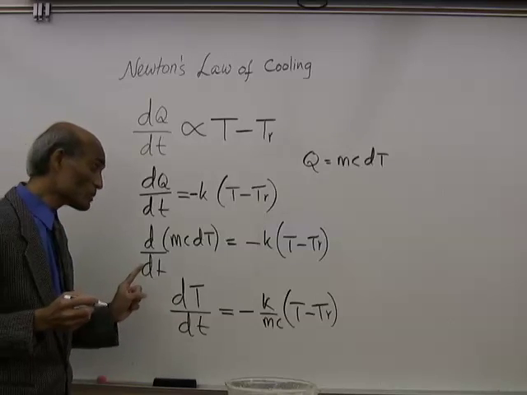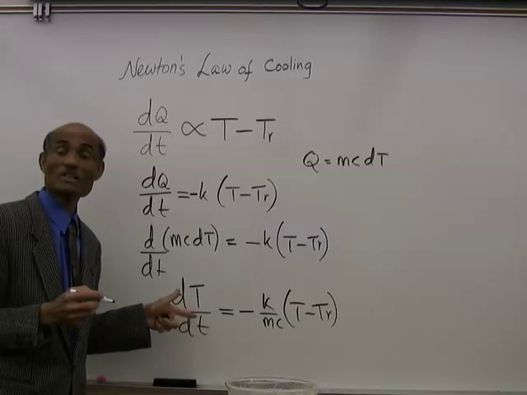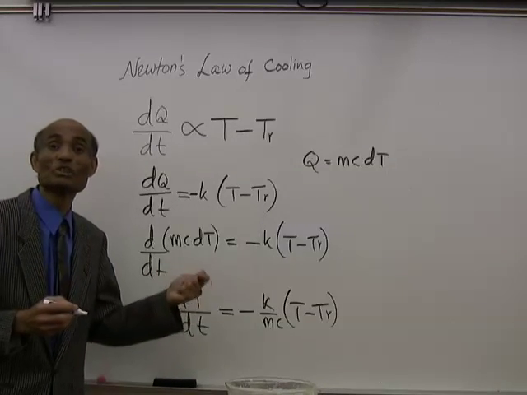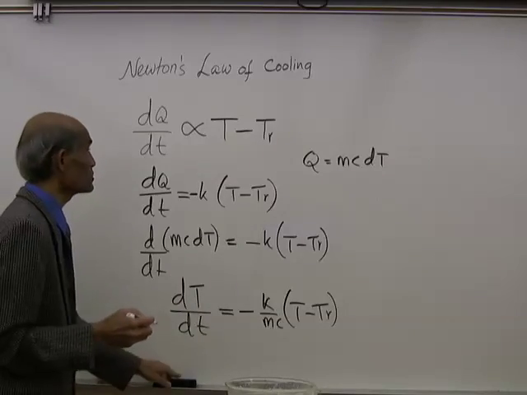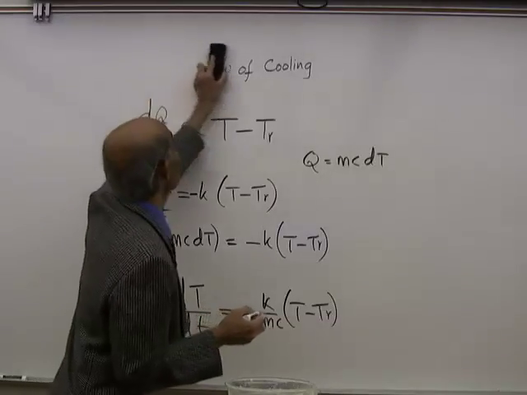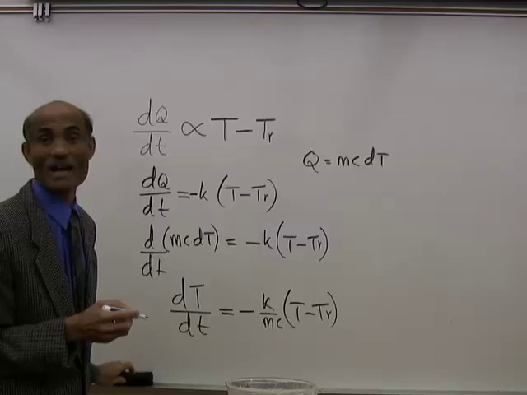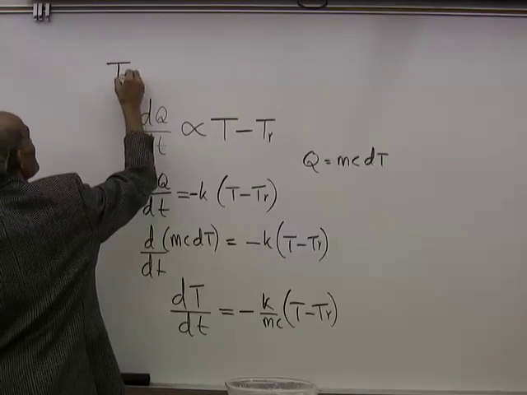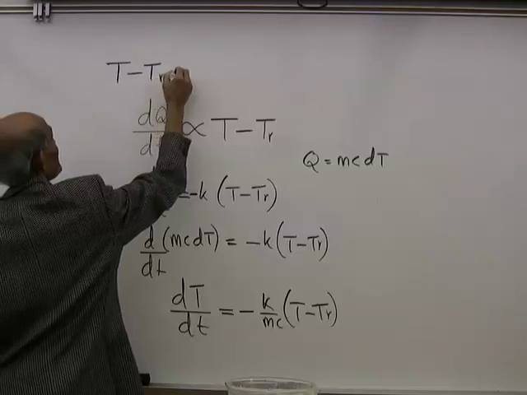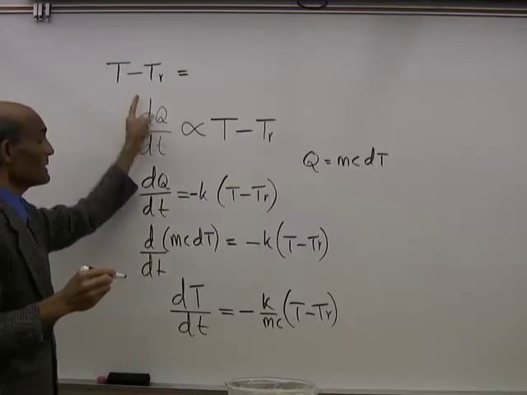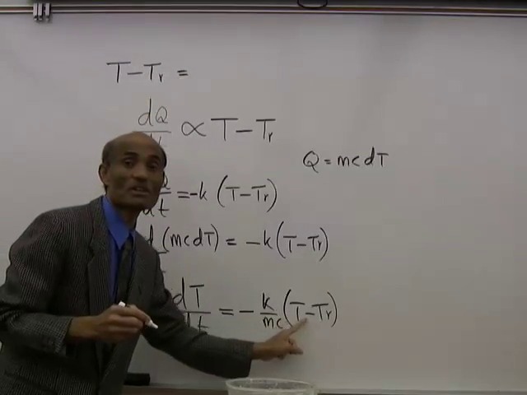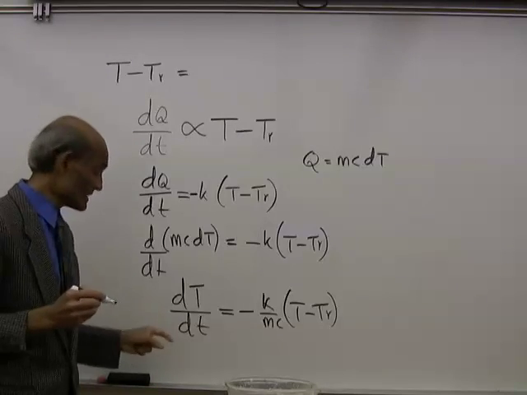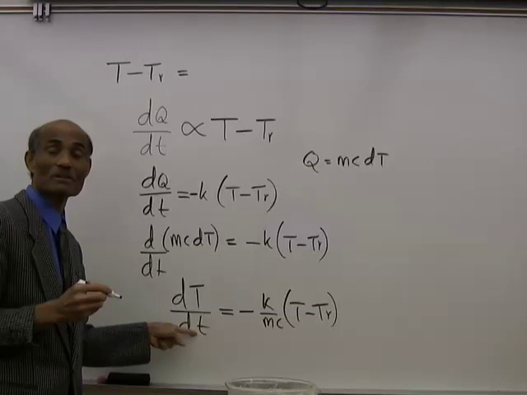Now, we are not going to waste time in solving it. I'm going to give you the solution of that equation. The solution can be written as T minus T_R equal to, that is the dependent variable. The time is the independent variable.